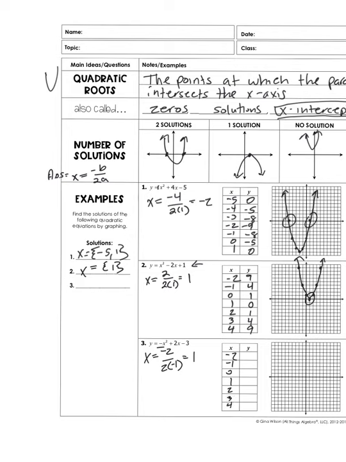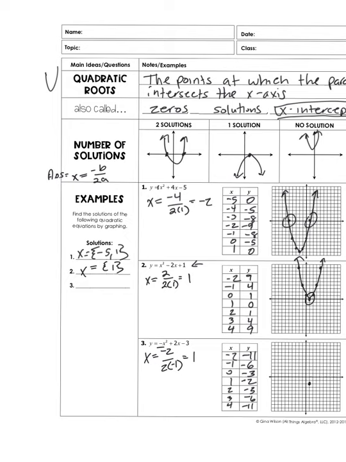Let's put this equation into our y equals and look at the table. The values are negative 11, negative 6, negative 3, negative 2, and then they reflect: negative 3, negative 6, negative 11. 1, negative 2 is right here.